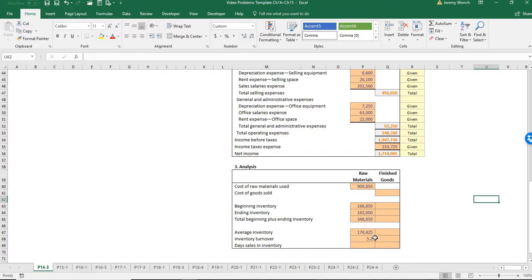We want that number to be high because we want to turn it over. So if it was growing, that would be a good thing. That would mean that we're buying inventory, or buying raw materials, and we're producing it, we're moving it. What would be bad is if that number actually got low, and then that means that we're buying it, but we're holding on to it for a long time. And so turnover is a good thing. Turnover, you want the high number.